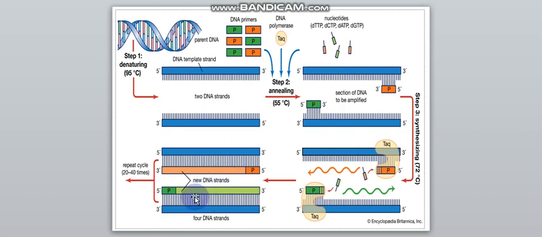The process is repeated again and again, and this cycle repeats 20 to 40 times, and it creates millions and billions of copies in just a few hours. The whole process describes the PCR mechanism.